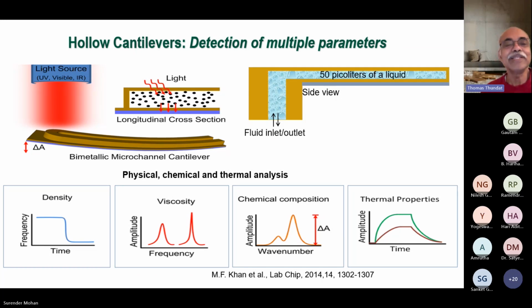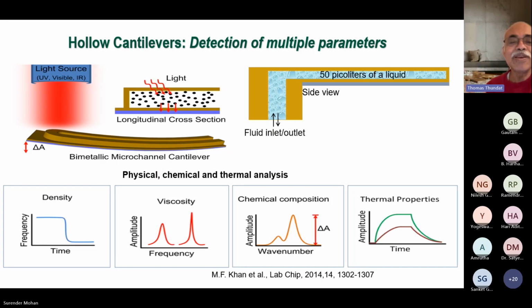And then you can shine either UV, visible, or IR to get the spectrum, or you can look at the thermal properties by hitting it with a thermal source.